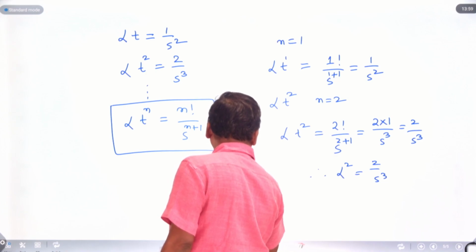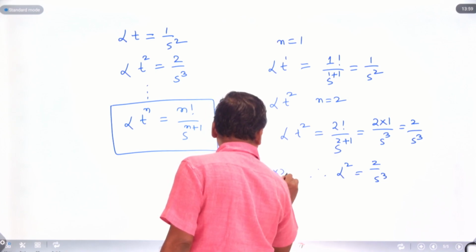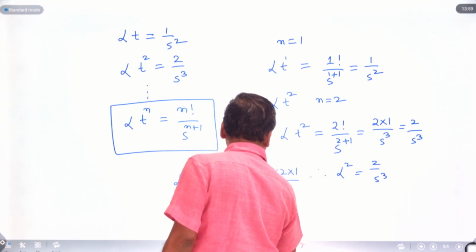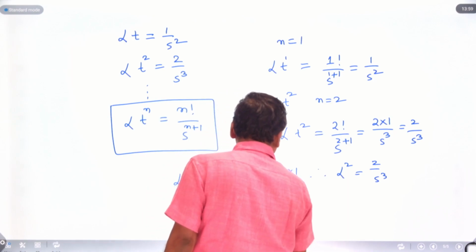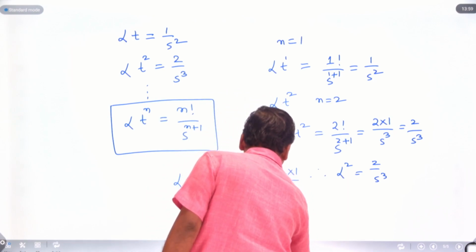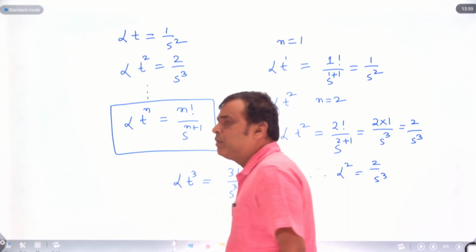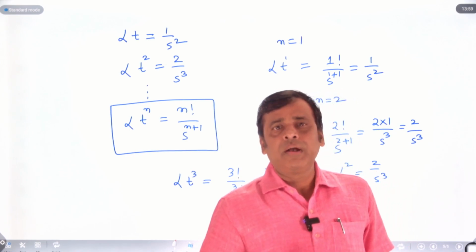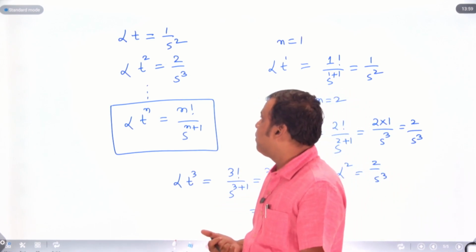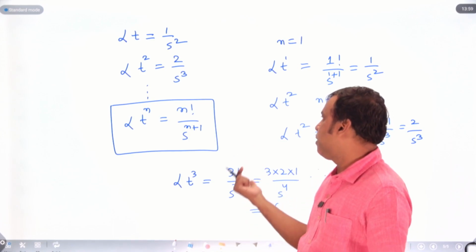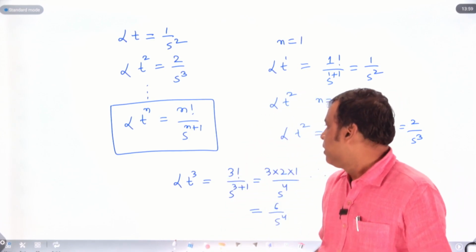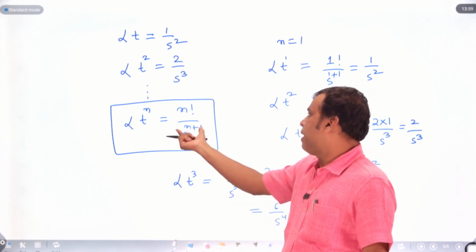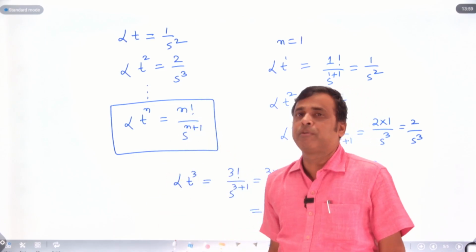Factorial 3 is 3 into 2 into 1, which is 6, and 3 plus 1 is 4, so the result is 6 by s to the power 4. Likewise, you may calculate the Laplace transform of t to the power 3, 4, 5, or any power of t, using the rule factorial n by s to the power n plus 1.